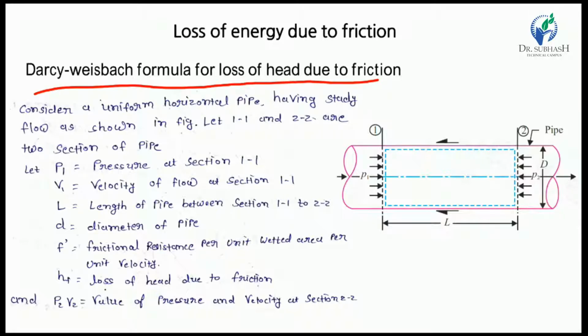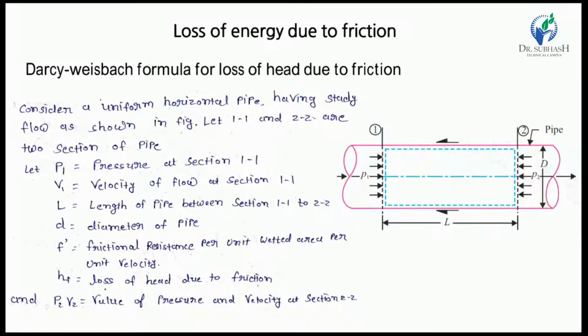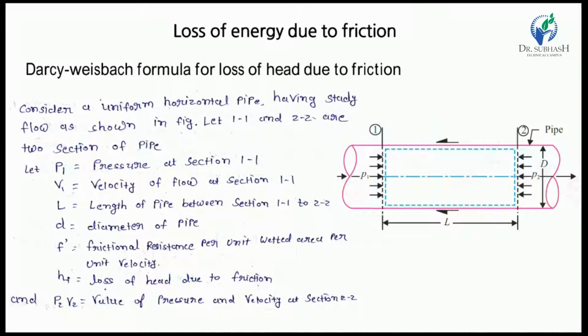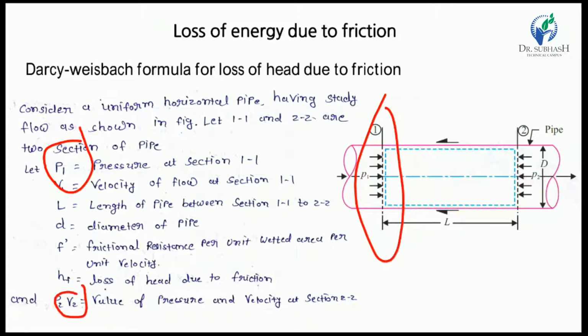First of all, we consider a uniform horizontal pipe having a steady flow as shown in the figure. This is the section of pipe and in this pipe we consider two sections, section 1 and section 2. P1, V1 are the pressure and velocity at section 1, P2, V2 are the pressure and velocity at section 2.